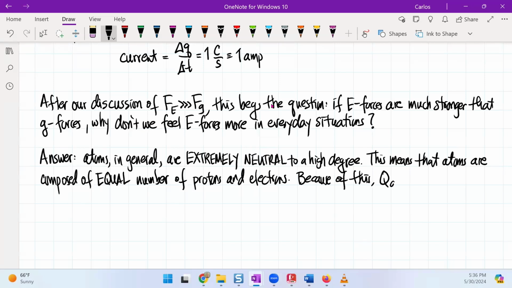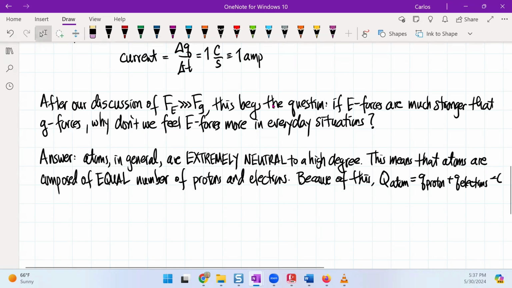Because of this, the charge of an atom is then going to be the charge of the protons plus the charge of the electrons. And because they're equal in number, they sum to zero.